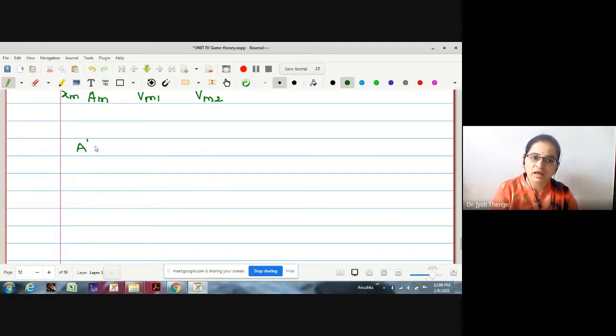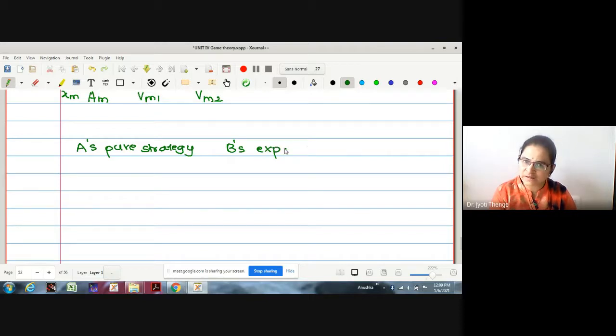Again, we will select A's pure strategies now. Assuming that A plays one strategy, we will find these expected losses. Here we are going to write the expected payoff. Now this payoff is actually a loss in terms of standard notations.